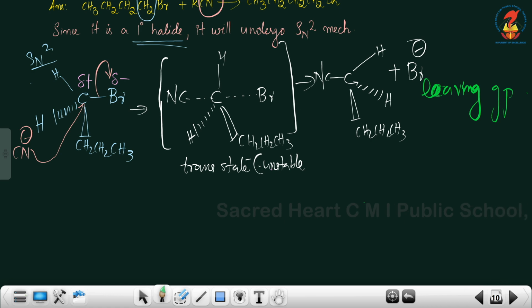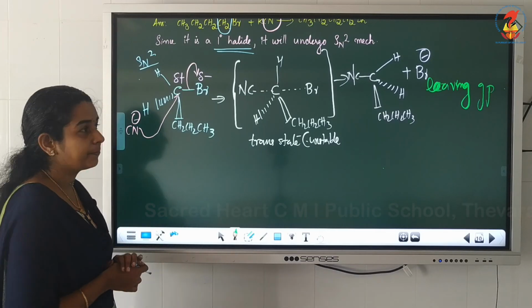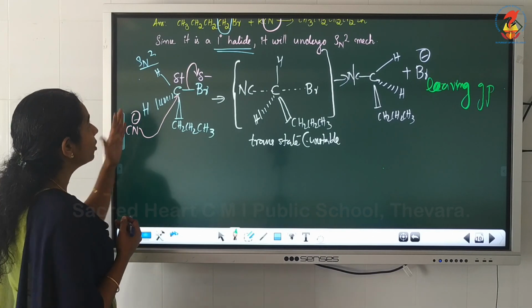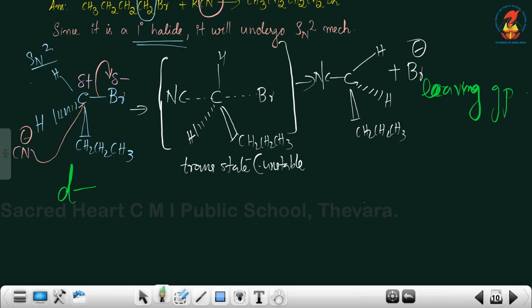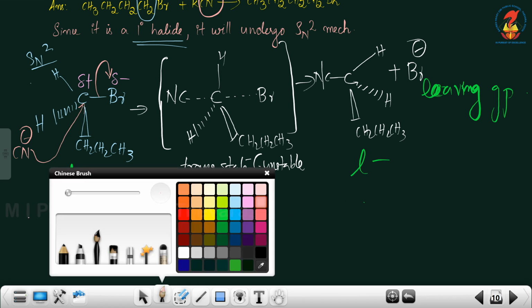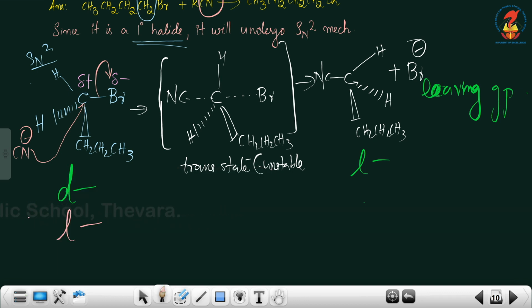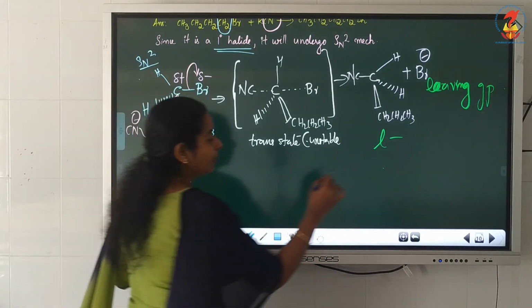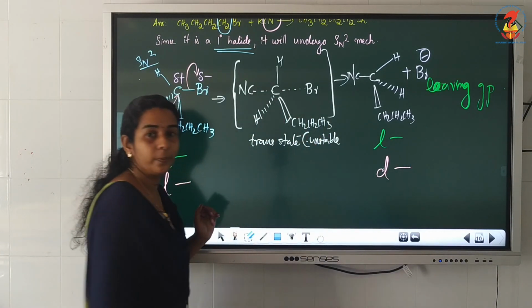Since it is following the SN2 mechanism, there will be inversion. So if we take a dextro alkyl halide, the product will be levo. Or if we take a levo alkyl halide, the product will be dextro. Okay.